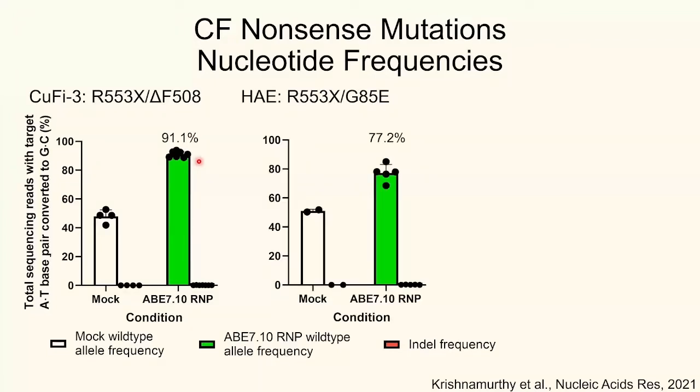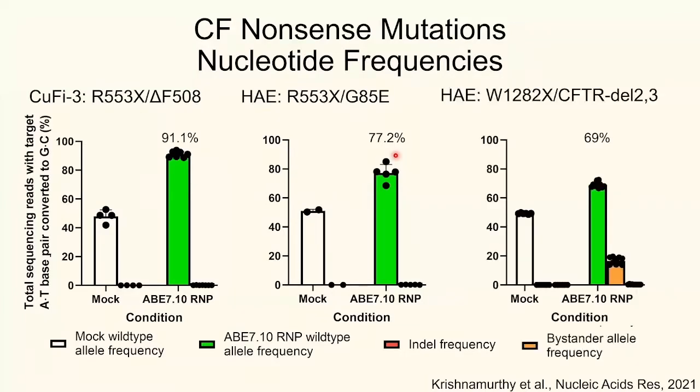Next, for our primary R553X human airway epithelial cells, the conversion from an A to T to a G to C base pair occurred at a frequency of 77%. And finally, for our W1282X primary HAE cells, we saw a 69% conversion from A to G. Also in this W1282X mutation, there is a non-target adenine within the base editor window, or bystander edit, that is converted from an A to G about 16% of the time.